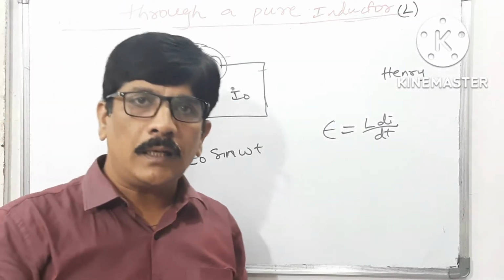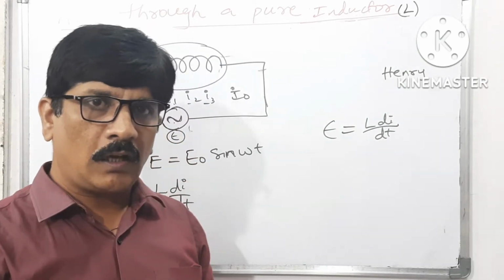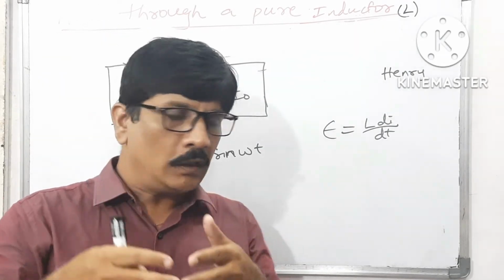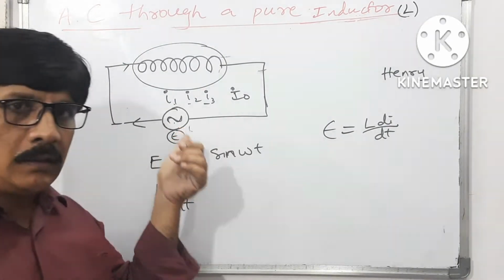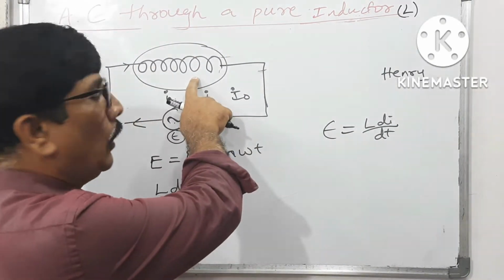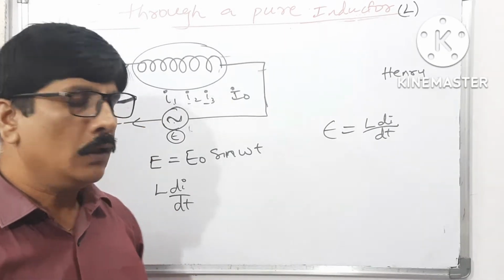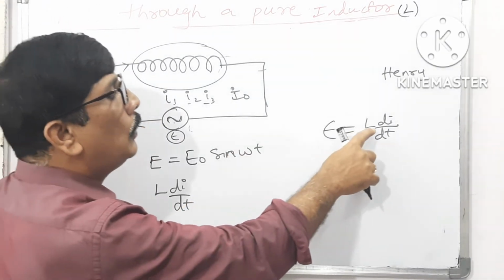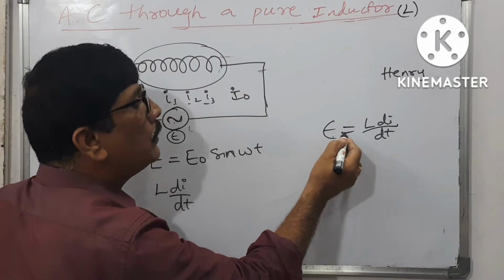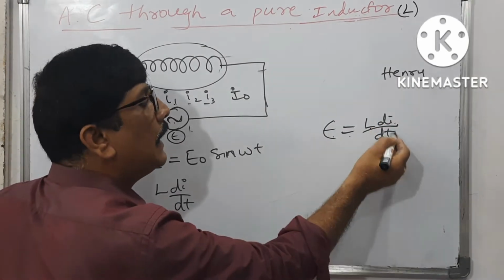But I am considering that at any instant of time, the EMF given by the source is equal to the induced EMF, but in the opposite direction. So that's why I am writing E is equal to L di by dt.